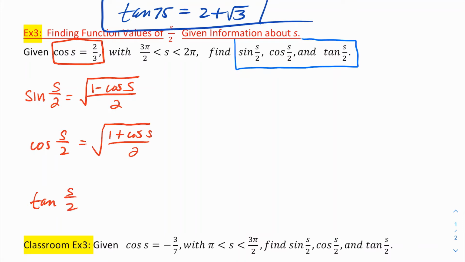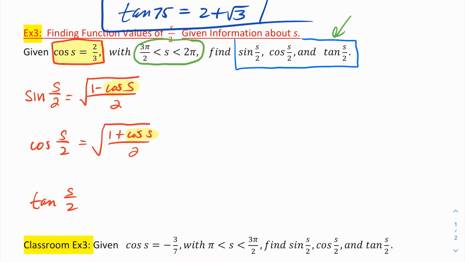So for tangent, we have 3 different formulas to use. So let's just go ahead and start with the first 2. If you notice on the first 2, this cosine of s is in both formulas. I have to also decide what quadrant these are in. So they tell us where s is.